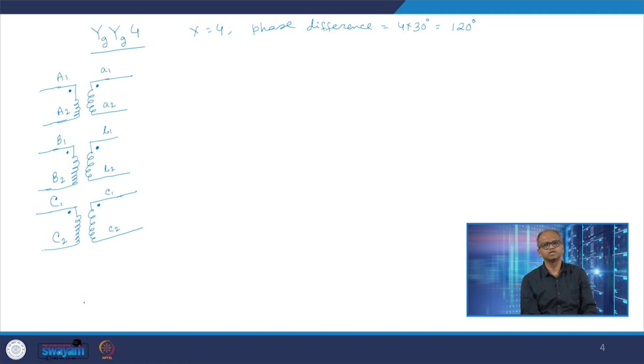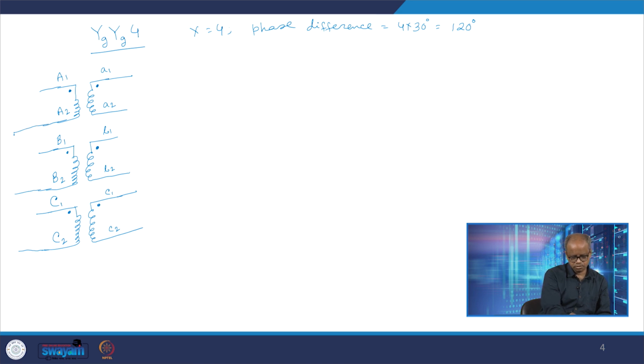We have just taken the windings and marked the terminals and the dot positions. We have not done anything else. After that, we start doing the calculation. So YgYg, so this side is also grounded.